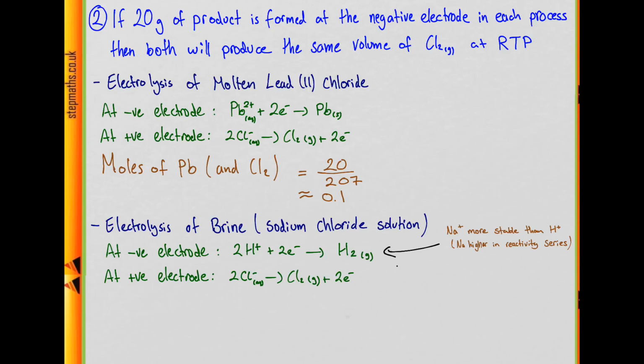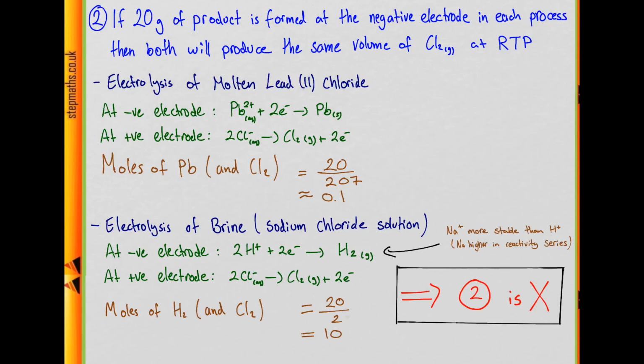So our moles of hydrogen, which will be the same as the moles of chlorine, will be 20 over 2, and this gives us 10 moles of chlorine. So we do not have the same moles of chlorine in each electrolysis, therefore we don't have the same volume of chlorine produced. Therefore, statement 2 is incorrect.